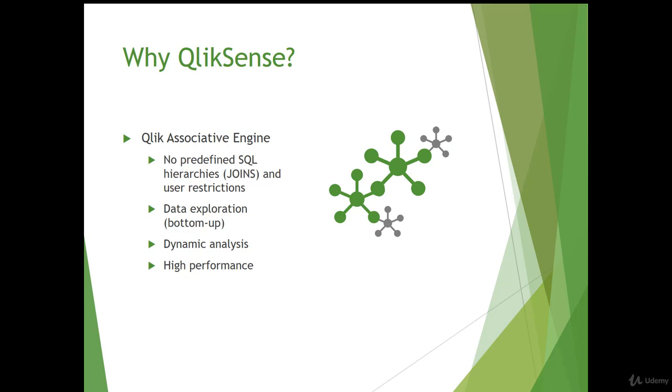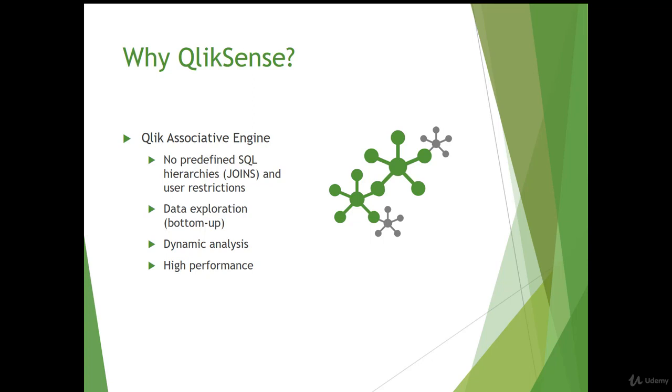Also, in case you would like to perform more complex queries, it would require a lot of SQL joins between tables and therefore also consume a lot of the capacity and decrease the performance of your application. The Qlik associative engine is much more dynamic for analysis and also offers a better performance when using complex queries.